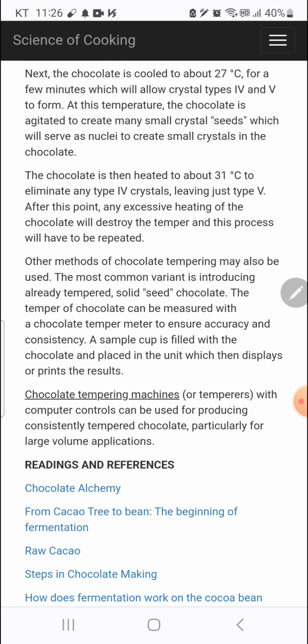After this point, any excessive heating of the chocolate will destroy the temper, and this process will have to be repeated. Other methods of chocolate tempering may also be used. The most common variant is introducing already tempered solid seed chocolate. The temper of the chocolate can be measured with a chocolate temper meter to ensure accuracy and consistency.